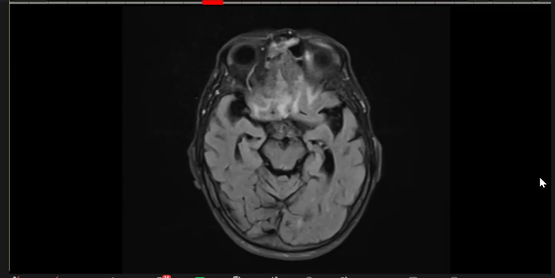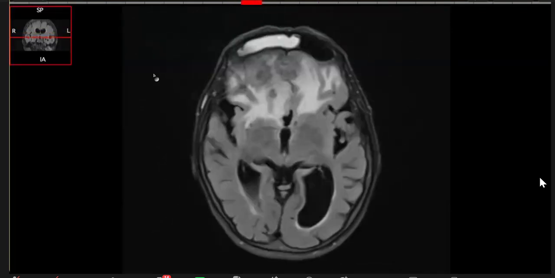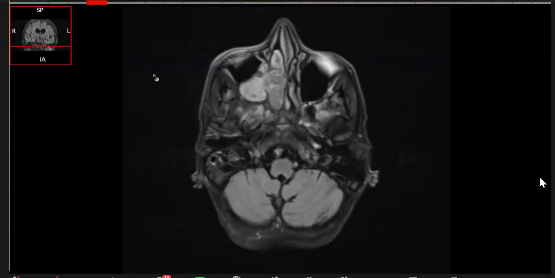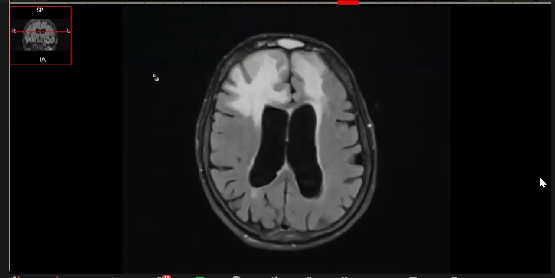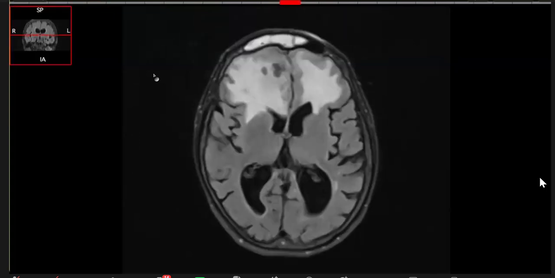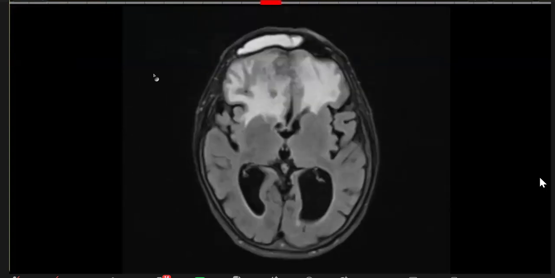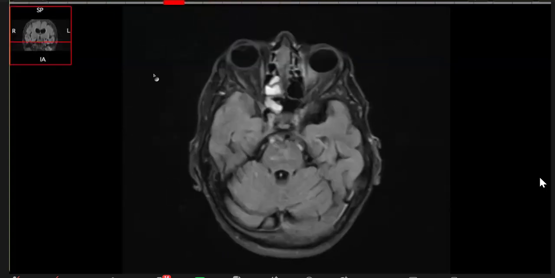Can you scroll it? No, what I meant was, will you make your diagnosis just on this FLAIR sequence? Would you like to see any other sequence? Sir, I would like to see the post-contrast images.